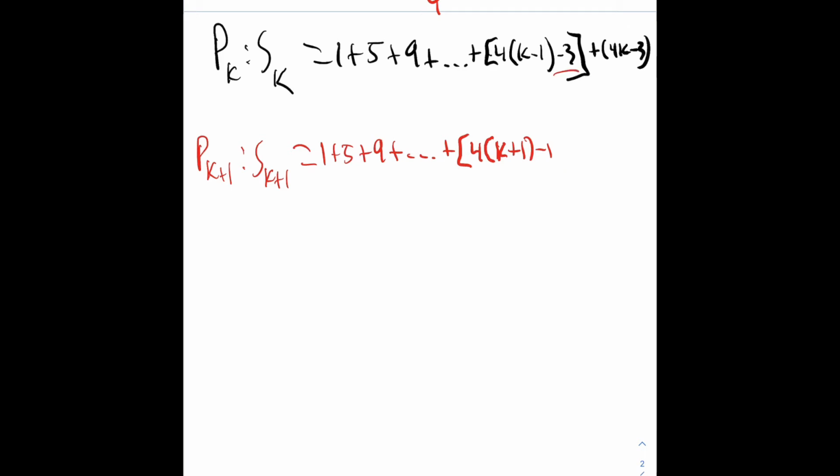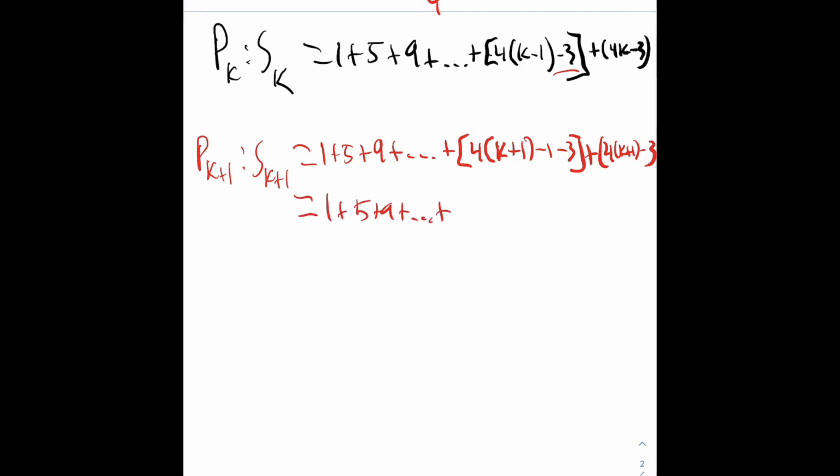Well, and then we have to include that minus 3 as well. My parentheses got a little mixed up, but it's still going to work out just fine. And then this time we have 4, and then this time it's K plus 1 minus 3.